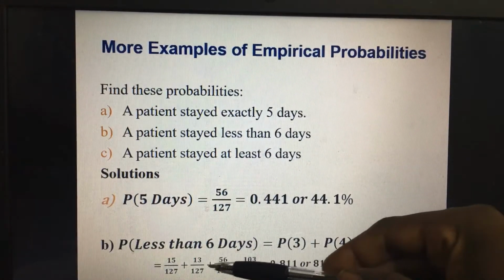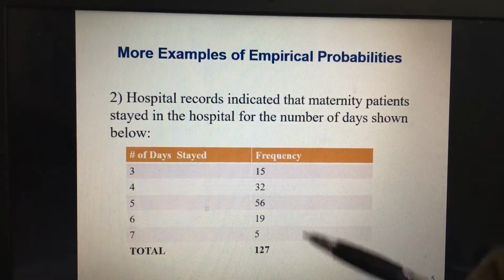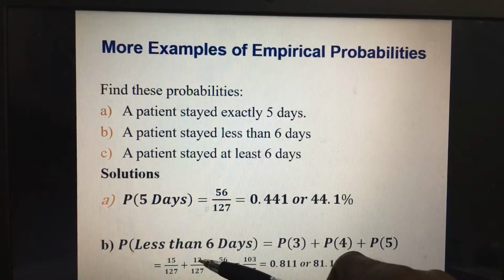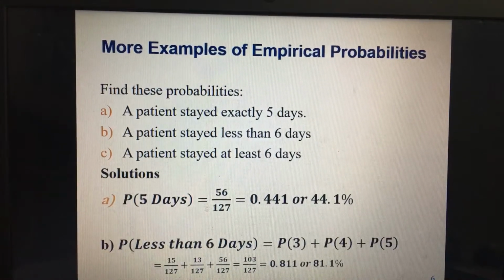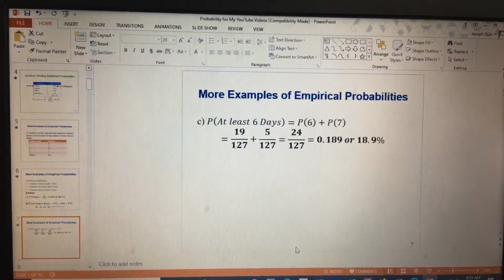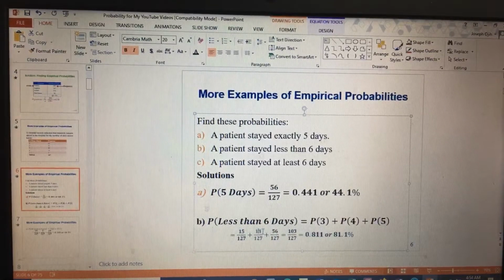I wrote that, let me make sure I have it right. It's actually 32, out of 127. Oh, I think I have it correctly, I just switched it around. Okay, I think it's good.